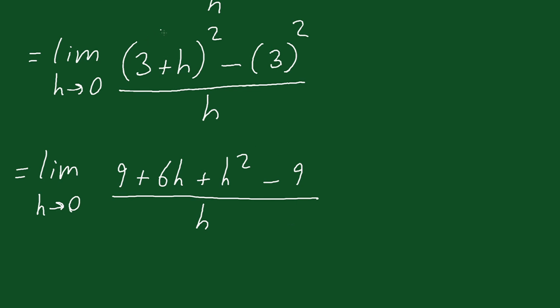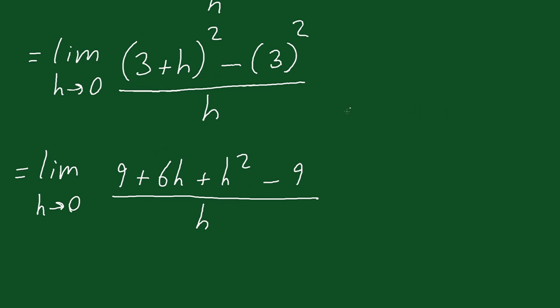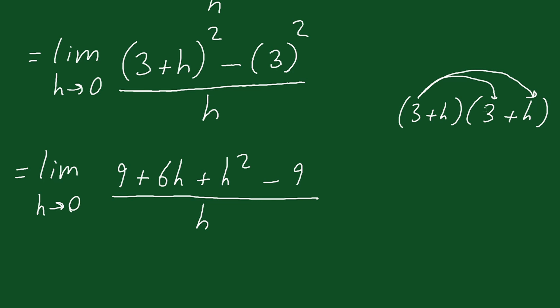If you're not sure how I'm expanding this, just remember, a binomial squared is 3 plus h times itself, 3 plus h. You could do FOIL here. You multiply the first terms, the outside terms, the inside terms, the last terms. This is grade 9 math. We expand this using FOIL, and we end up getting this as our answer.